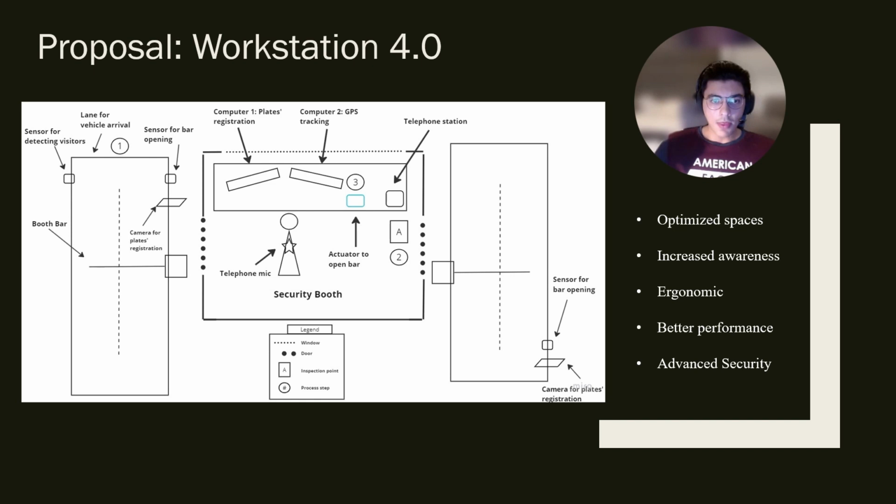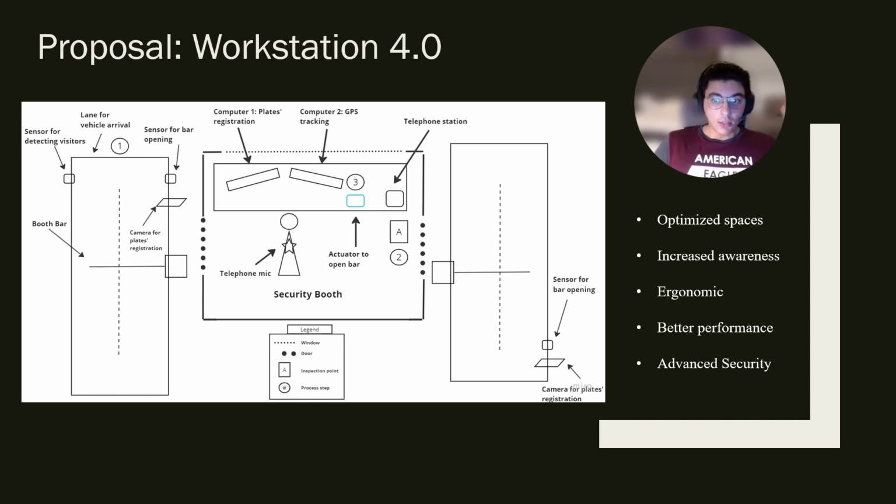So what are the advantages that we get? As we can see here, we have a flow diagram of these changes implemented into the security booth. So first of all, not only we have a more optimized space with all of the tools located in a place that's more strategic, and this will help actually reduce times and be a more ergonomic environment for the worker to be at.